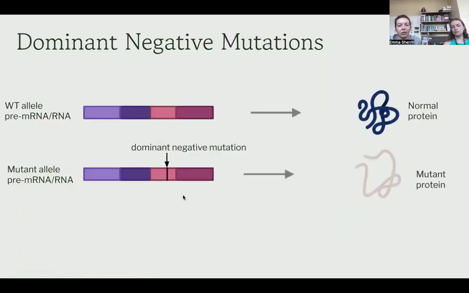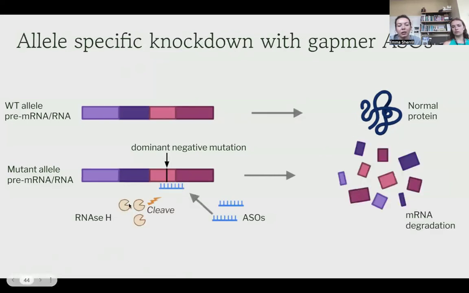So GAPMER ASOs, like I said, can be specific to either the whole gene or a specific mutation, to knock down in an allele selective manner. If the disease is caused by dominant negative mutations, you would want to use allele specific knockdown. So if the wild type allele is creating a normal protein, but the mutant allele has a dominant negative mutation and is creating a mutant protein, you can design the ASOs specifically to just the mutant allele.